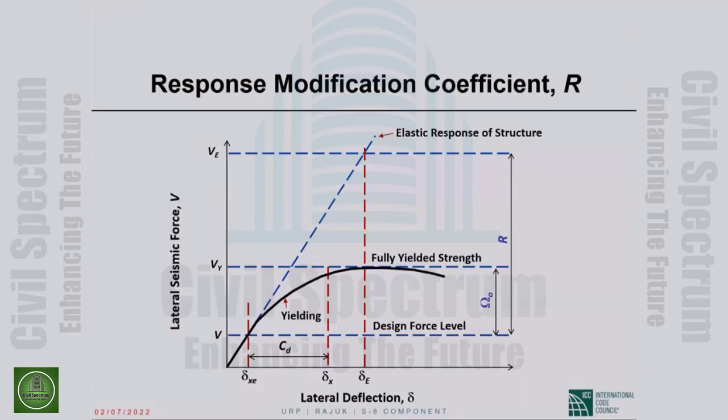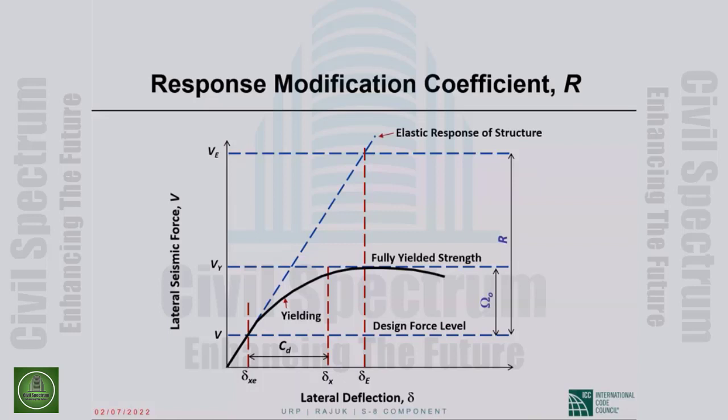R is given for each structure. Well, let me put it this way. There are, in table 12.2-1 of ASCE 7, a number of seismic force resisting structural systems listed.